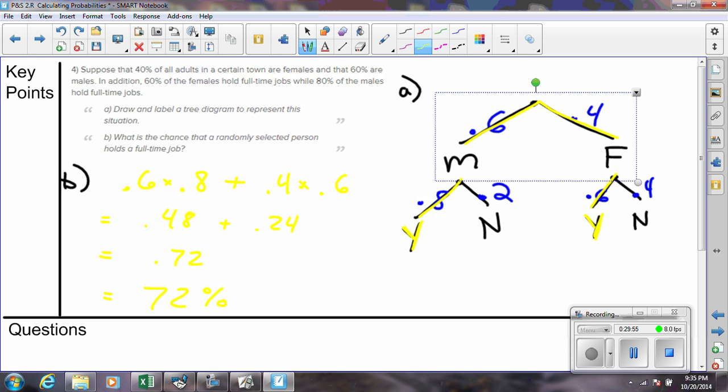In this particular town, 72% of people have a full-time job, which we know is, generally speaking, pretty unrealistic. Even with unemployment as bad as it is, 72% is still pretty low. We'll also note though that it does say full-time job. It does not say part-time job or anything else like that, or possibly having 3 part-time jobs.